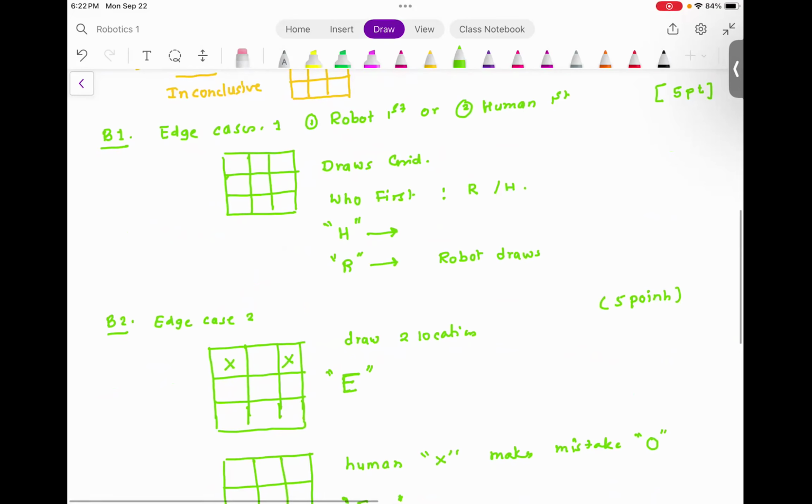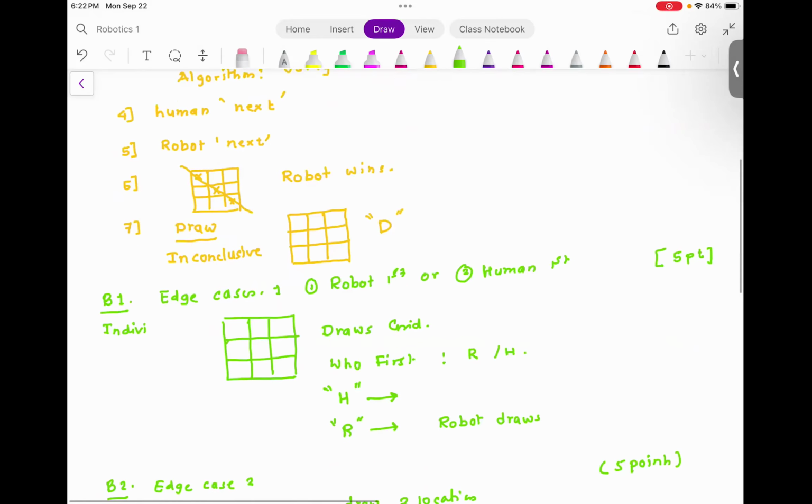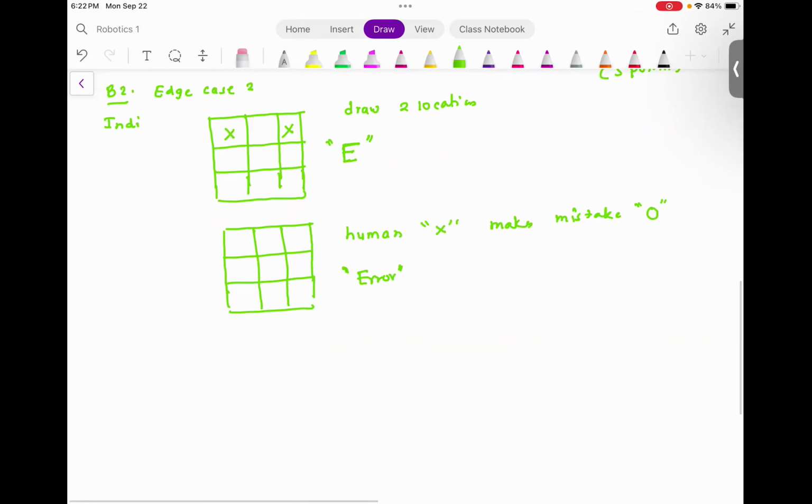B1 and B2, this is individual. So which means your midterm B1 and B2 is individual.